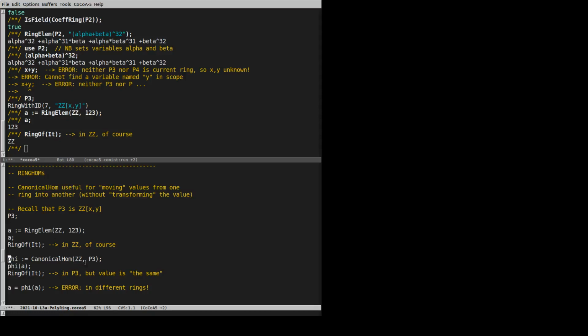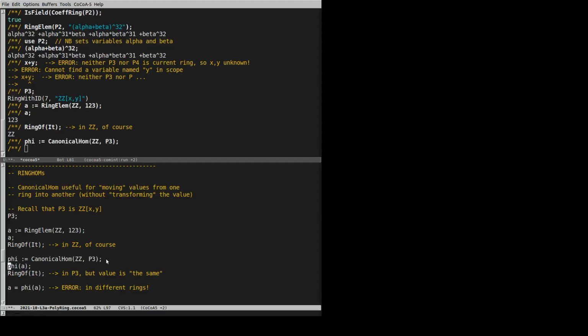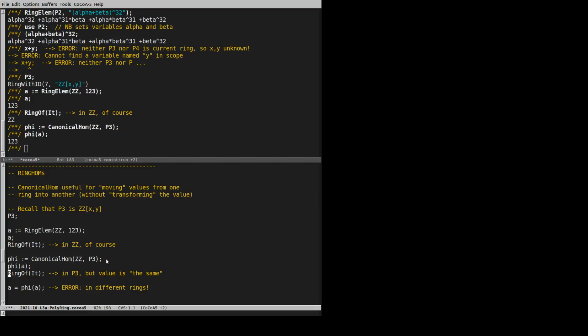Now we can get a canonical homomorphism to embed the ring Z into P3, that is Z[x,y]. That will simply embed Z as the coefficient subring inside P3. So phi is now a canonical hom that embeds Z into P3. We can then apply that to A. The result prints out the same, still looks like 123.